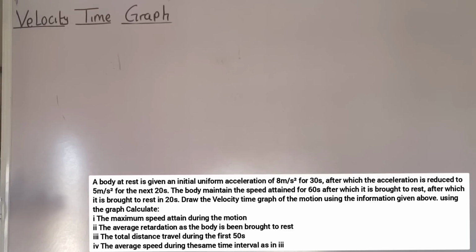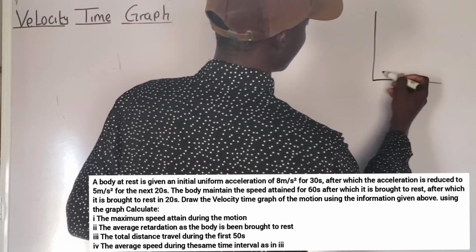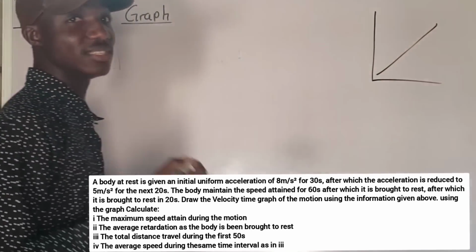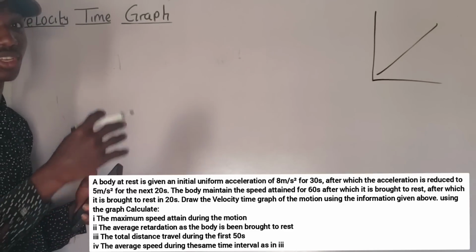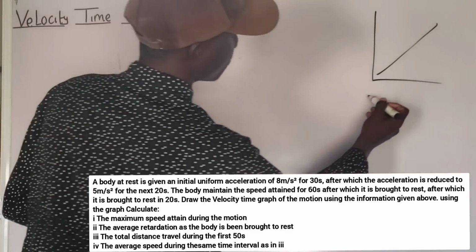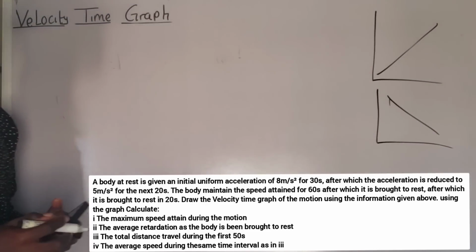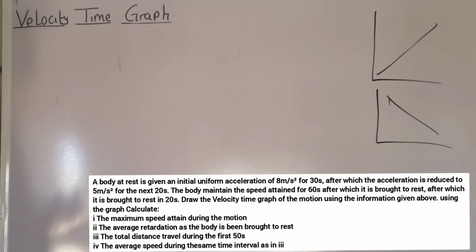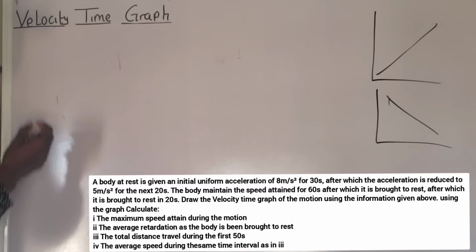In our previous class, we learned that when a body accelerates, the graph looks like this. And if the acceleration is reduced, the graph will look like this. Do you understand? That is, a body is coming to rest. Are you paying attention? Because acceleration tells us how fast the velocity of an object is changing with respect to time. Do you understand? Okay, so let us draw the graph.